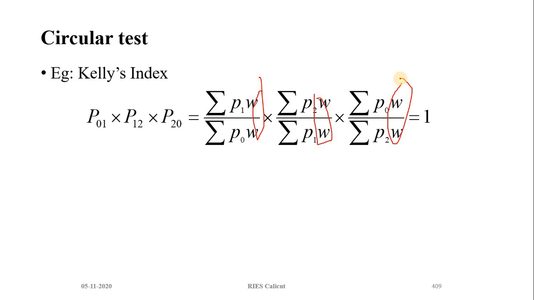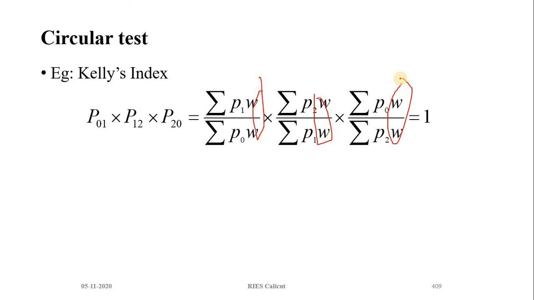The third one is the factor reversal test. Here we check whether your quantity index number multiplied by the price index number gives your value index number. That is, price multiplied by quantity should give you the value. So, if you take the price index number and its corresponding quantity index number and multiply both, do you get your value index number or not?